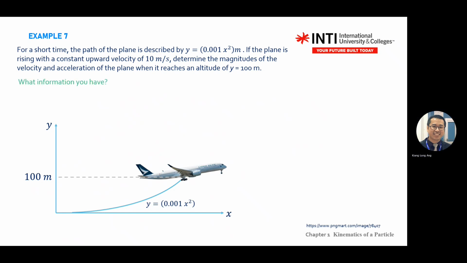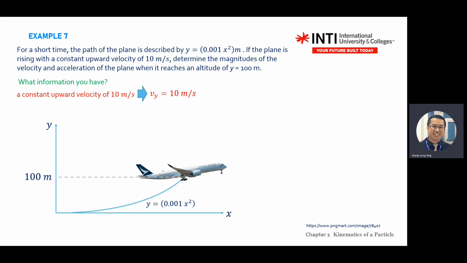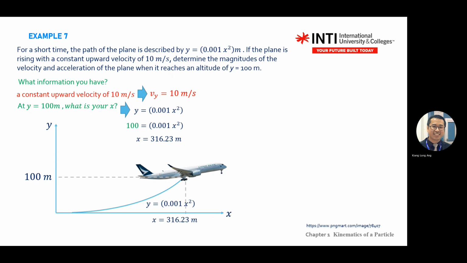So you have this Vy, you already have, right? Some numbers that you can extract from the statement. Then you find your x, you substitute your y, you do the square root calculation, you take the positive root, you get 300 something. Remember to carry the unit, which is in meters. So on the graph, you update the x coordinate.